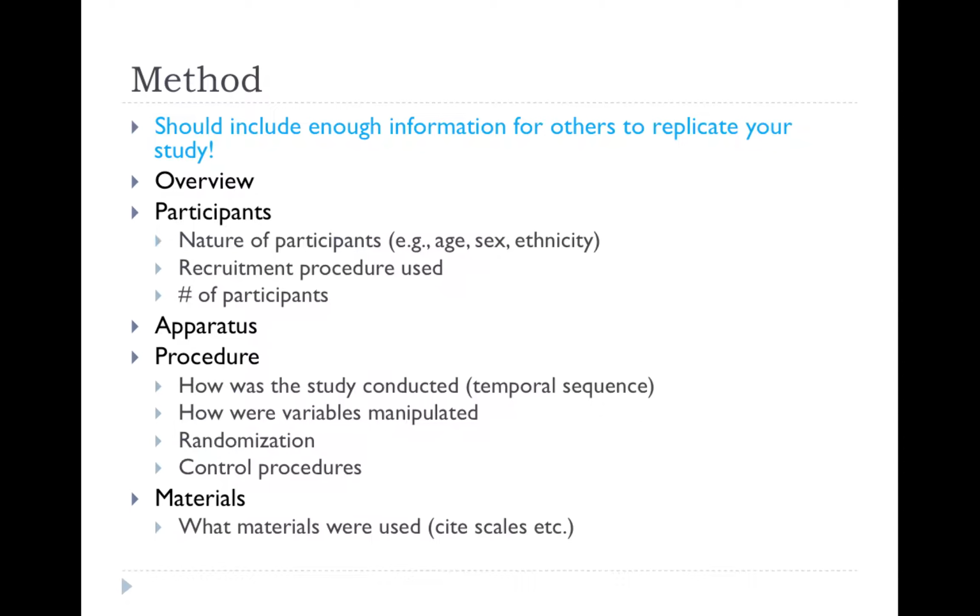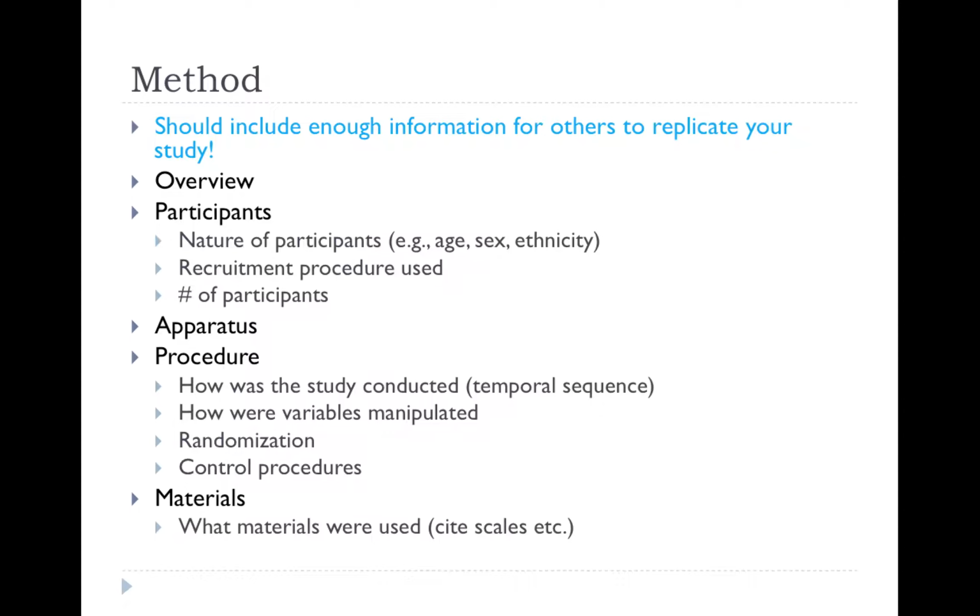You have a separate section for participants. You talk about the number of participants you ran, how you recruited them, and some demographic information about the population that you used. So, for instance, age, sex, ethnicity, and other variables that you asked about in your demographic questionnaire.